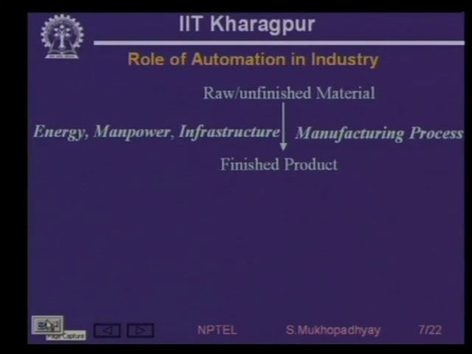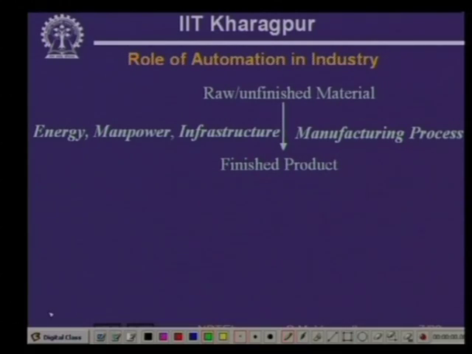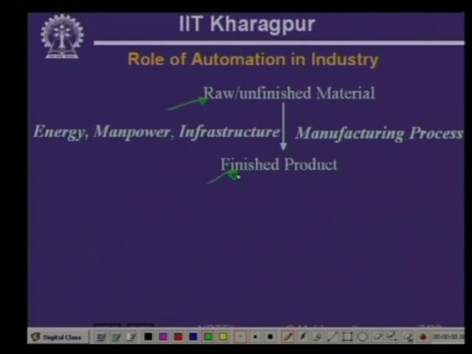So, since automation is for the factory, let us first try to see what basically a factory does. A factory essentially starts with raw or unfinished material. It could be raw material, for example, in an iron and steel factory, you start with iron ore, that is your raw material, and you produce a finished product, which in this case is steel.